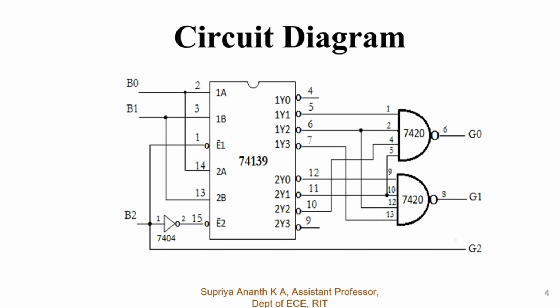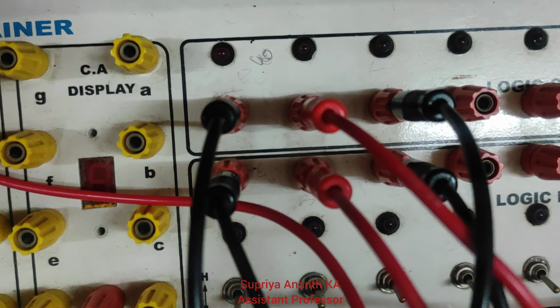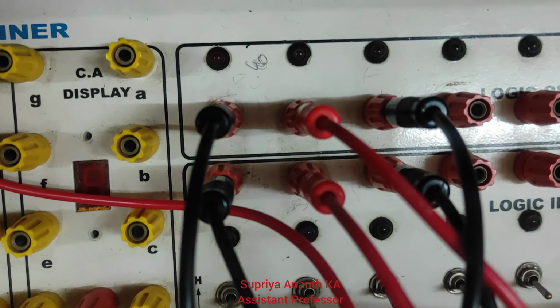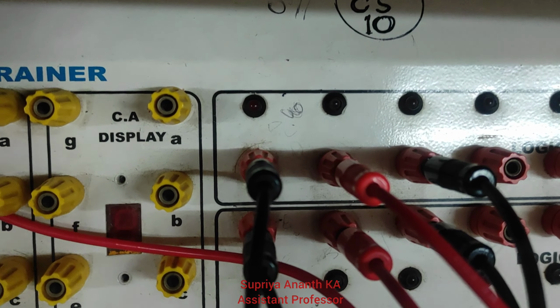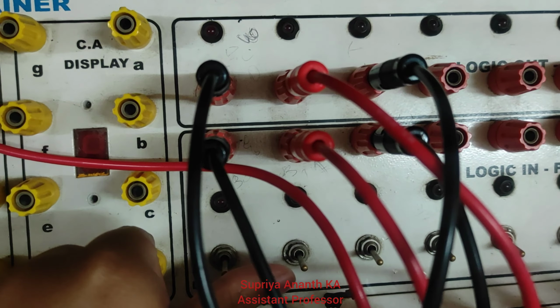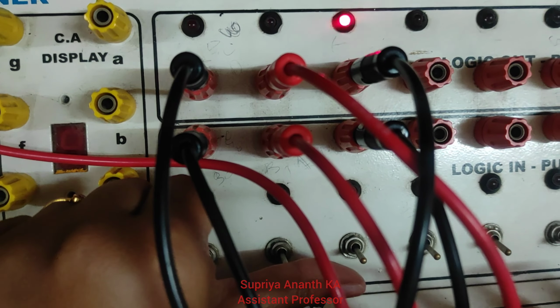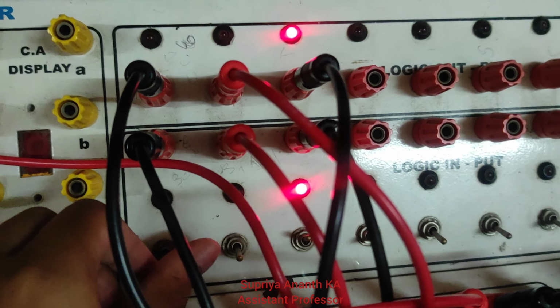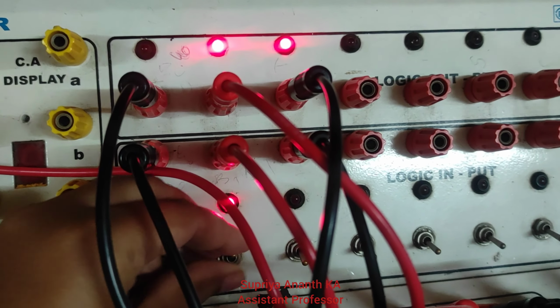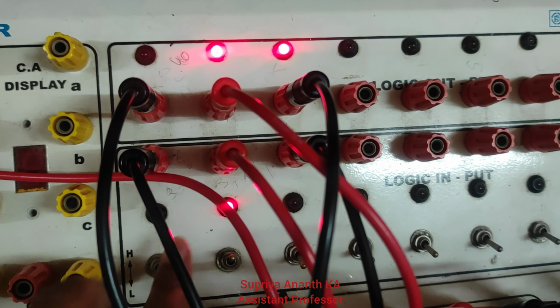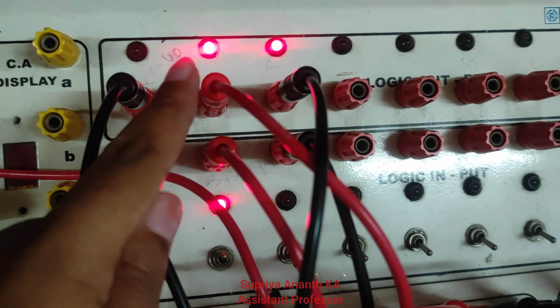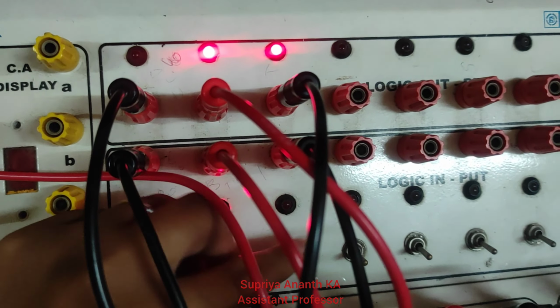We shall see the realization. We shall verify the truth table for binary to gray conversion. This is B0, B1, B2, G0, G1, G2. For 0 0 0, the values are 0 0 0. For 0 0 1, the value is 0 0 1. For 0 1 0, the gray code is 0 1 1.